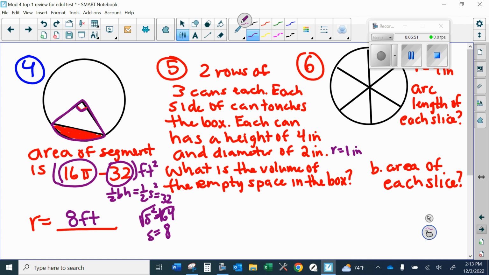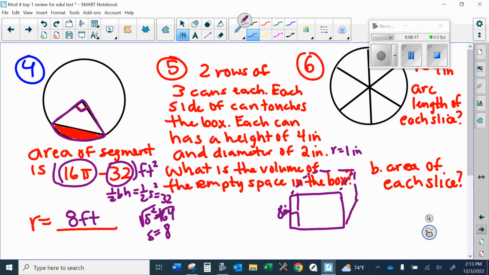Well, if I have this box, the height of each can is 4 inches. So you got a 4 inches and a 4 inches, so that's a total of 8 inches there.